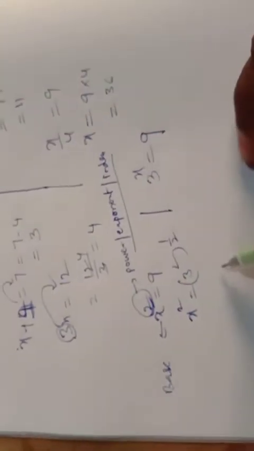Here x square equal to 9, we can write 3 square, or x square equal to 3 square whole power 1 by 2. Here we have a to the power of n whole to the power of m equal to a to the power of mn. Therefore 3 square whole power 1 by 2 get cancelled. We get x equal to 3.